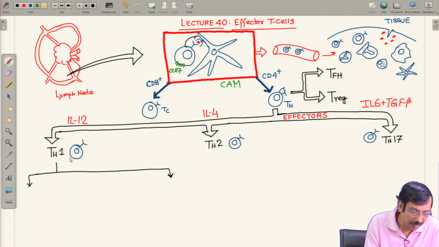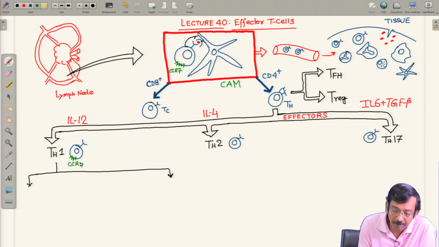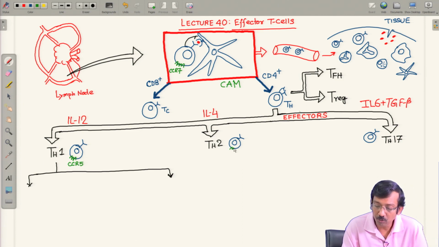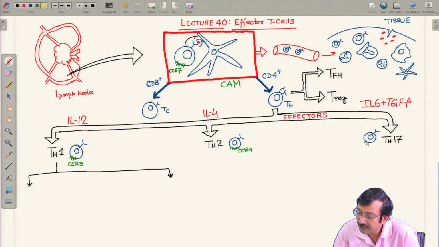For example, the Th1 cells express CCR5, the Th2 express CCR4, and the Th17 express CCR6.